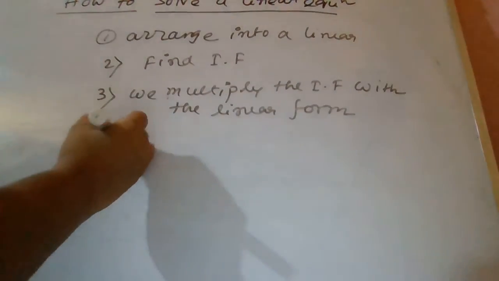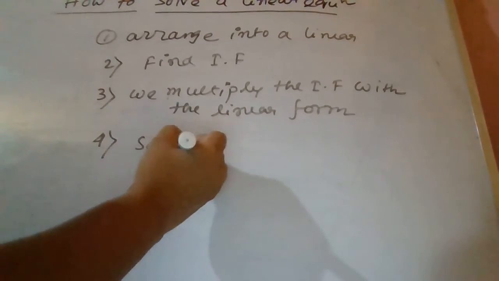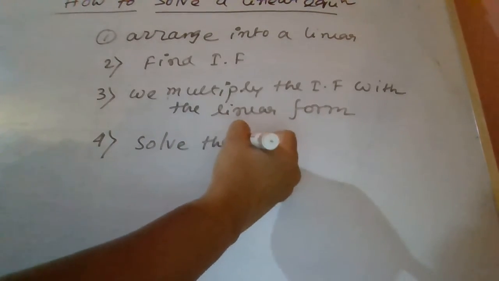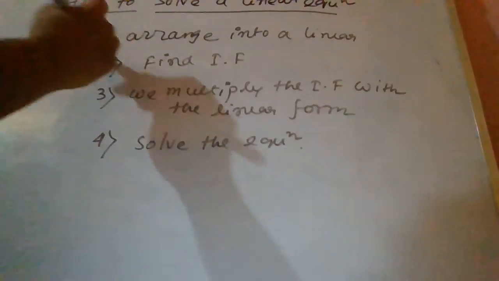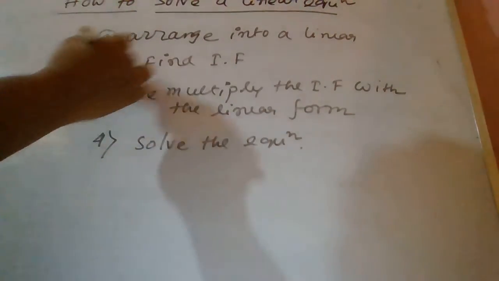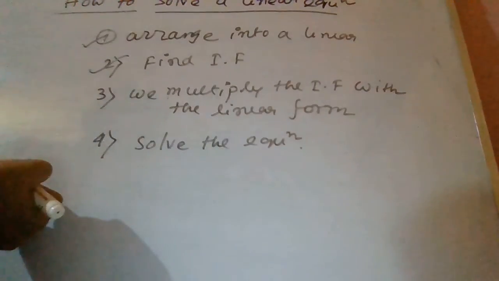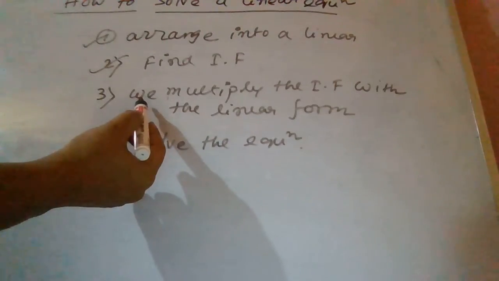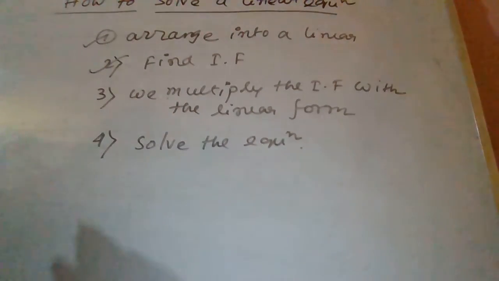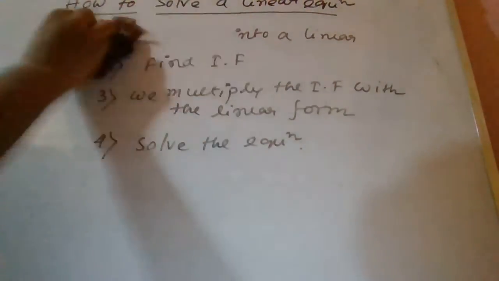And fourth part is we solve the equation lastly. Our first part is complete, second part is complete. Now we move to the third part: we multiply the integrating factor with the linear form. So we have the linear form dy/dx.